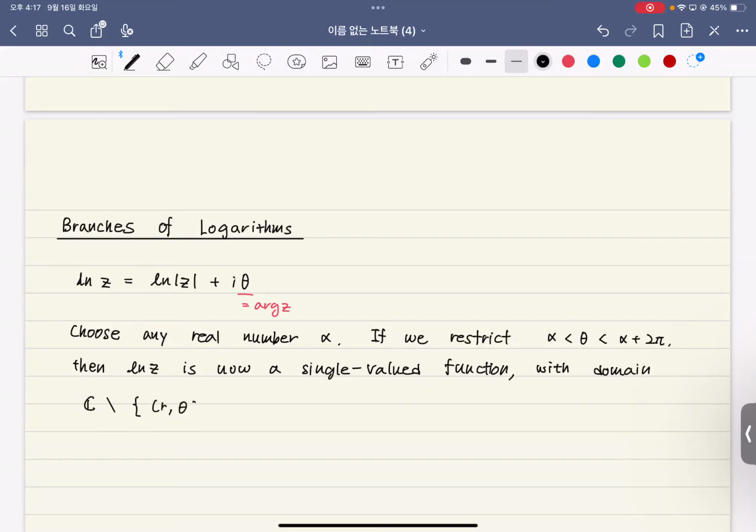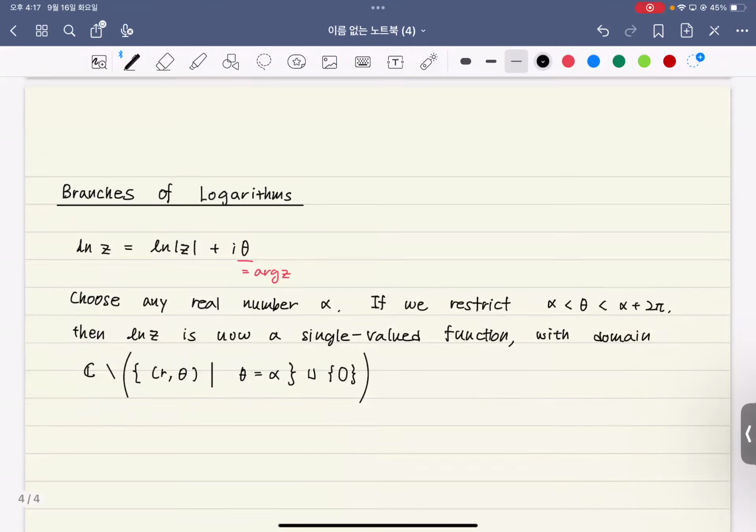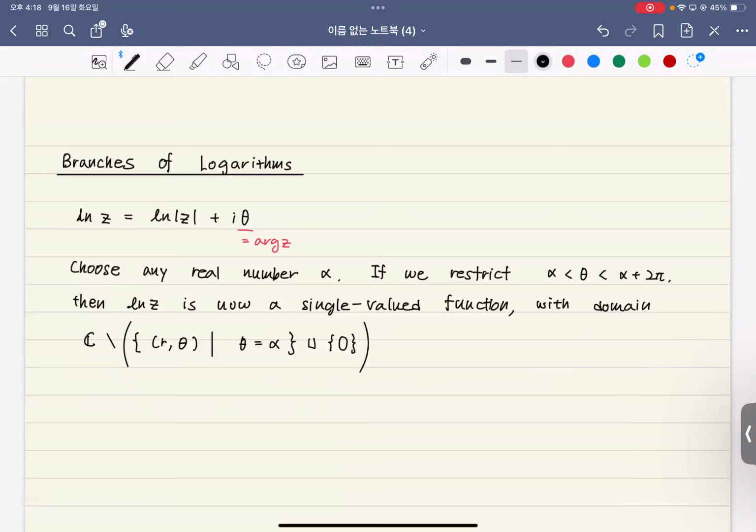Please allow me to use the complex polar coordinate. So as a picture, I would say this is my theta.